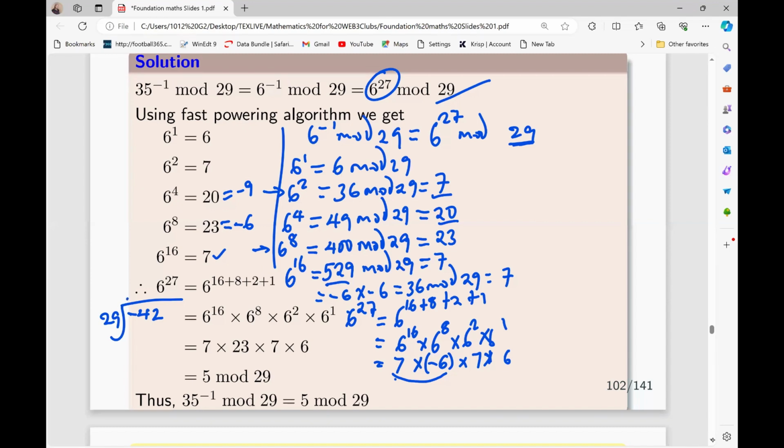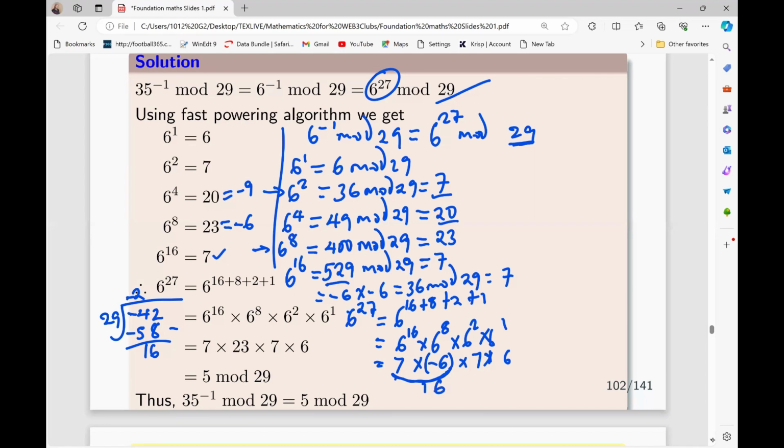So instead of 1, we write negative 2 here. What is negative 2 multiplied by 29? It will be negative 58. And then subtract. So we have negative 42 minus negative 58, which is 16. 16 is the remainder here. So these two are giving us 16.